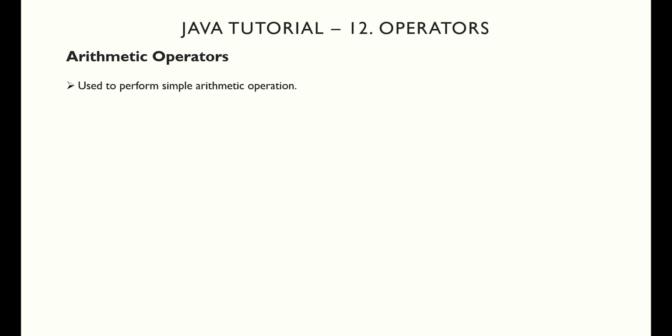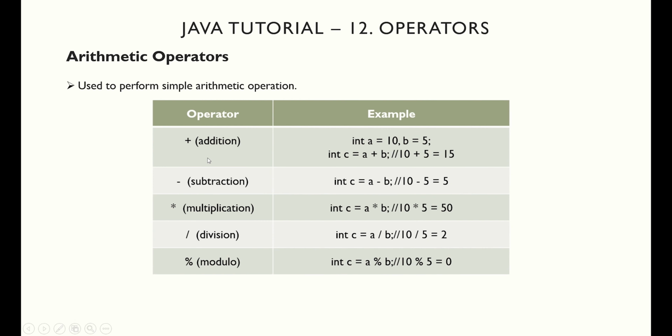Arithmetic operators. Arithmetic operators are used to perform basic mathematical operations like addition, multiplication. We can classify arithmetic operators into multiplicative and additive operators. Multiplicative operators are multiplication asterisk symbol, division slash symbol, and modulo percentage symbol.